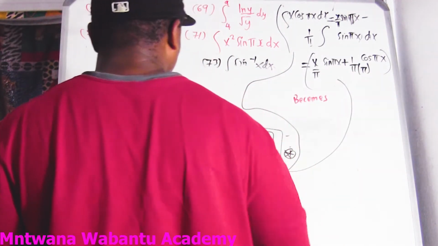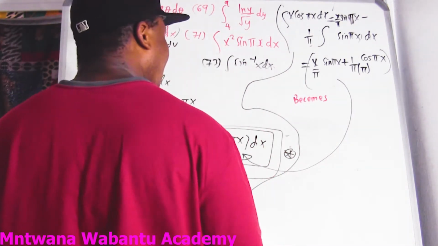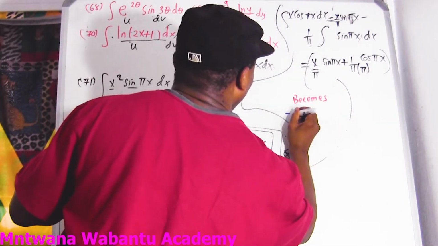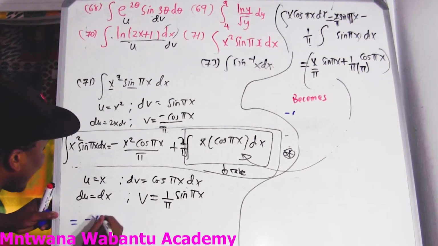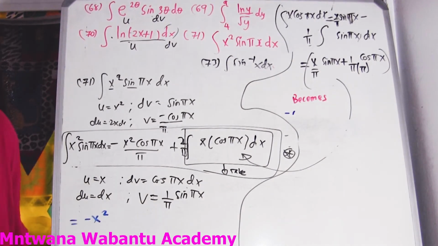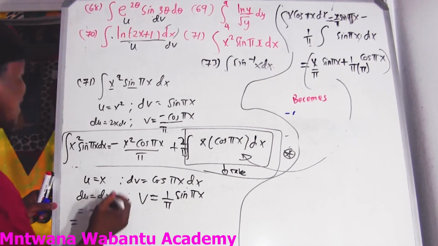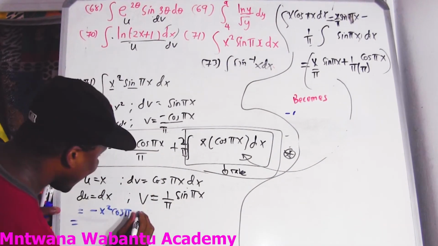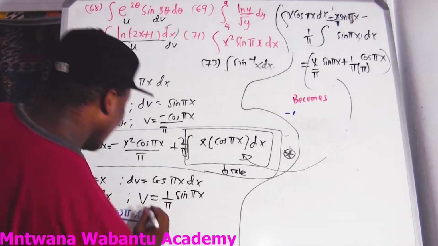So this is going to be equal to x sine pi x over pi, plus cos pi x over pi squared.